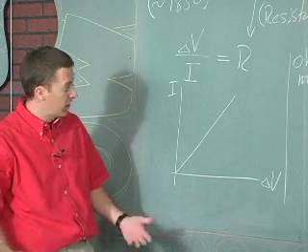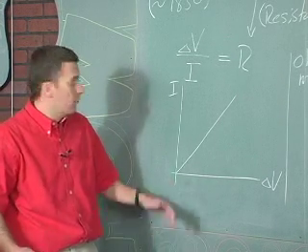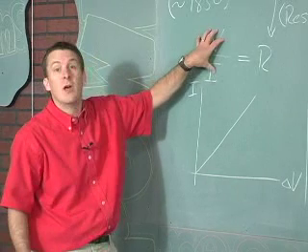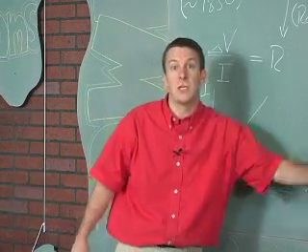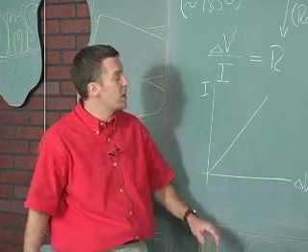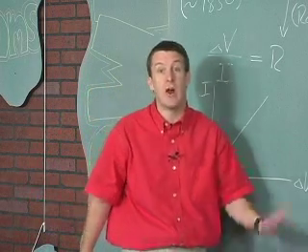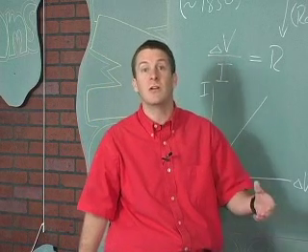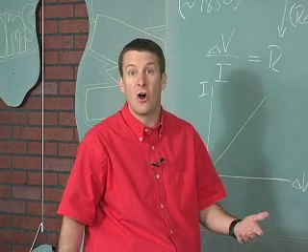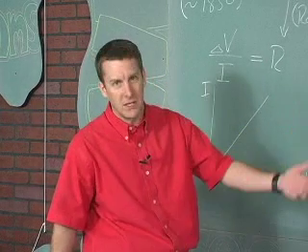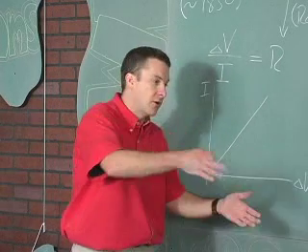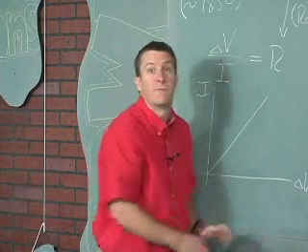There are materials that do not remain linear, where this ratio doesn't remain constant as the potential difference continues to increase. We call those materials non-ohmic. The class of materials that are non-ohmic are called semiconductors. They conduct only under certain conditions, only under a certain range of potential differences.